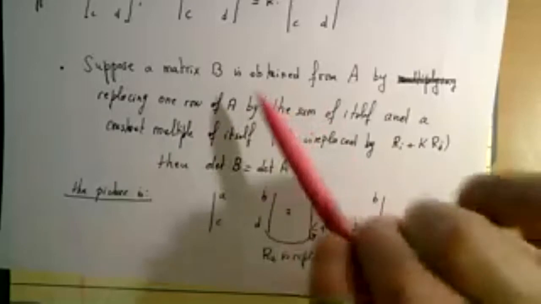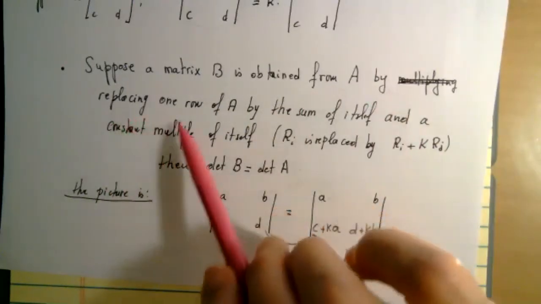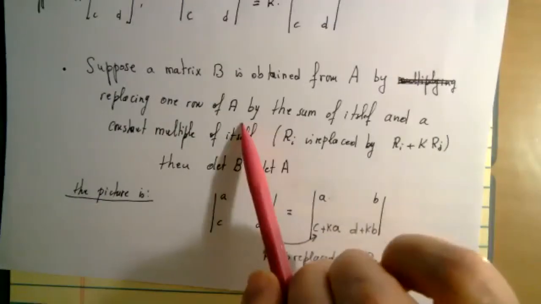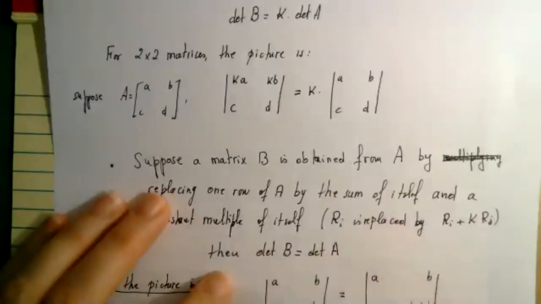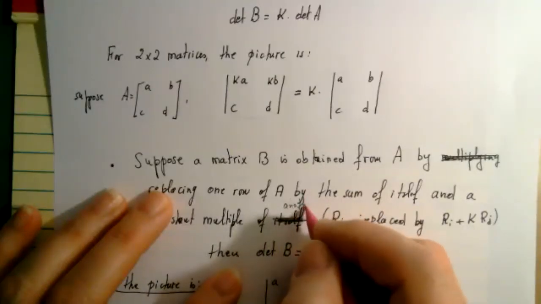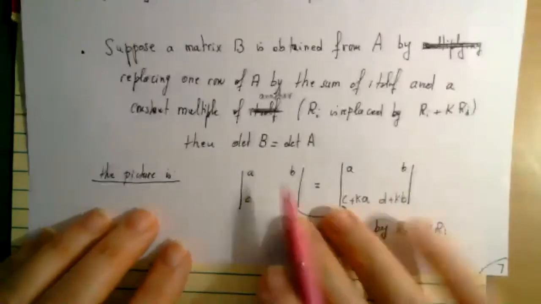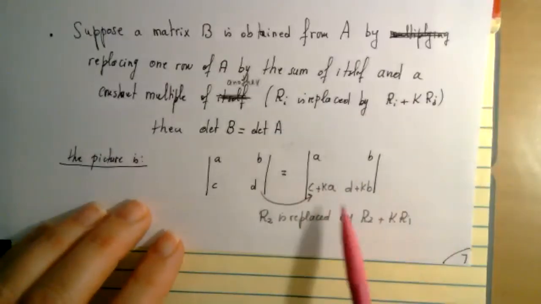Suppose a matrix B is obtained from A by replacing one row of A by the sum of itself and a constant multiple of another. Then the determinant of B is equal to the determinant of A. And that's the picture.